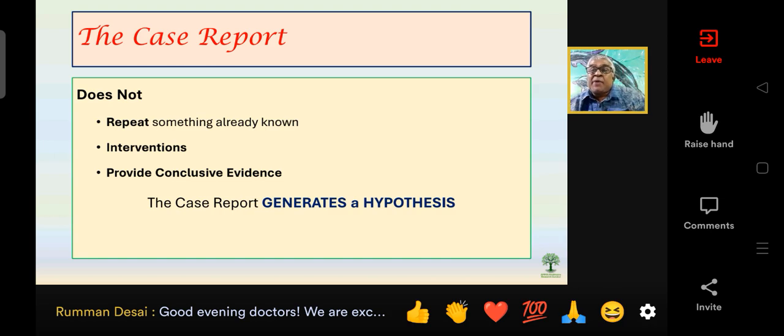I cannot provide any conclusive evidence, because it's a report from only one patient, and each person differs from the next person. So I cannot generalize. There's no formal statistical testing in the case report. A case report is not part of a dissertation, but the case report has value, and I'll discuss that value a little later.